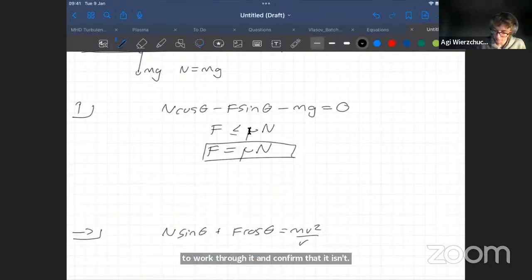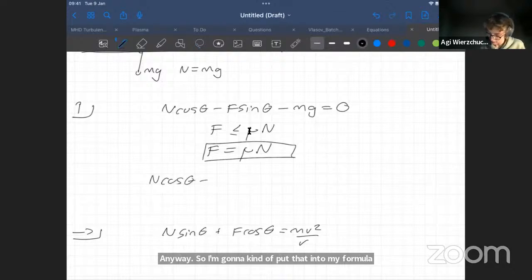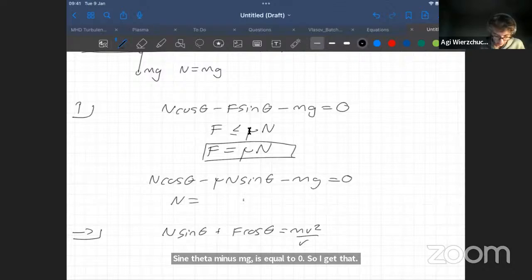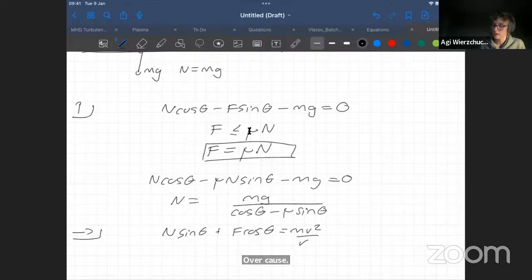Anyway, so I'm going to put that into my formula above. So I get N cos theta minus mu N sine theta minus mg is equal to 0. So I get that N is equal to mg over cos theta minus mu sine theta. Right, okay, good.